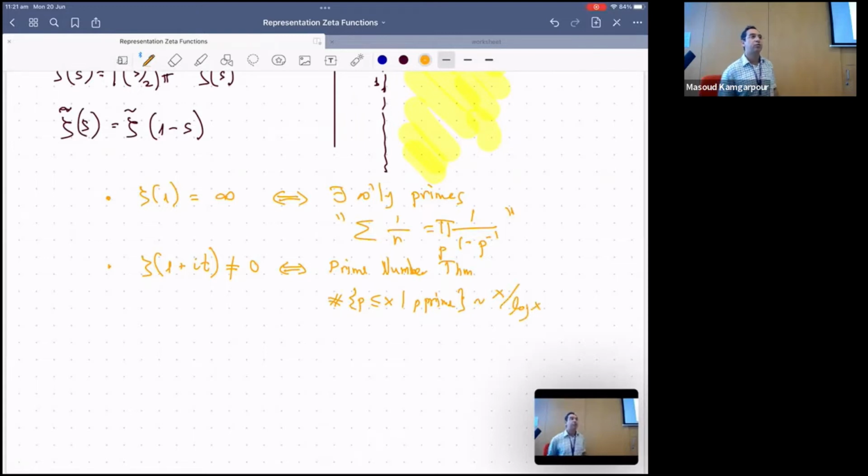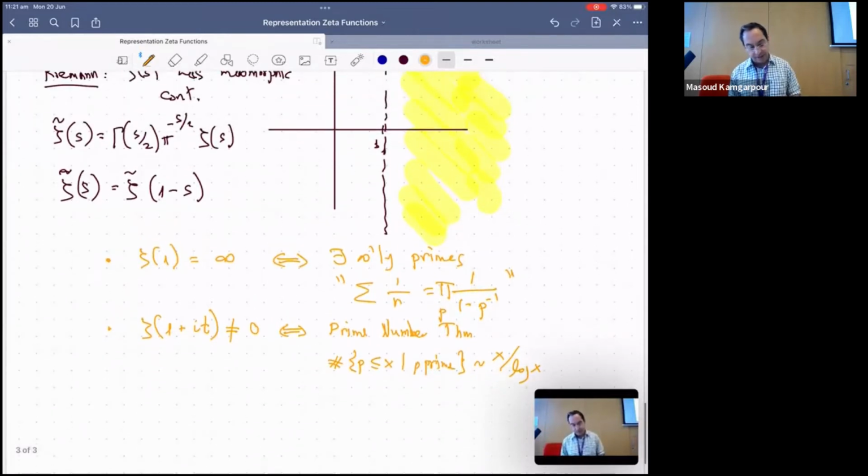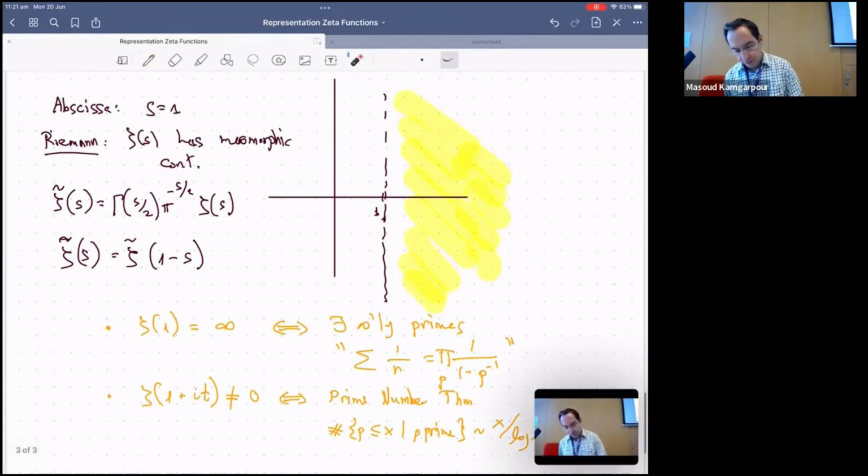So the ratio between these two quantities goes to 1. And that is really equivalent to the non-vanishing of the zeta function on that axis. And if you dig further and you look at the vanishing properties in the critical strip, then the Riemann hypothesis is equivalent to the fact that the only zeros of the meromorphic continuation of the zeta function are on the line passing through half.